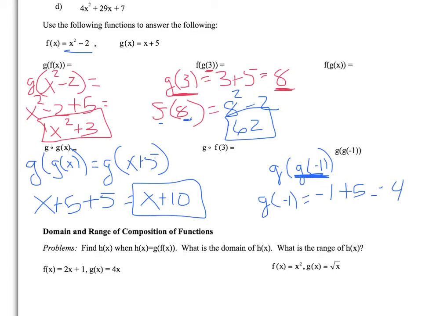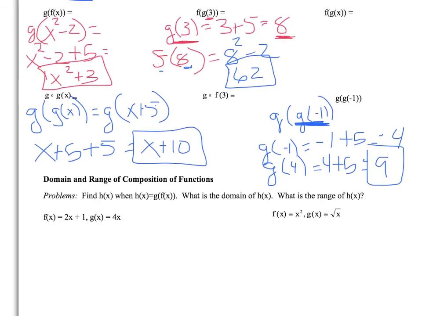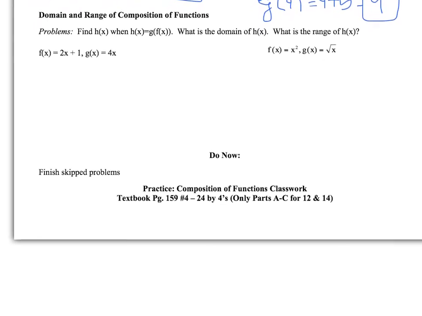So instead of having the g of negative 1 inside parentheses, I'm just going to call it 4 instead. Okay, so I'm going to replace the x in my g function with a 4. So it's going to be 4 plus 5, which equals 9. And the last answer you get is your final answer there. And I will do one of these and have you guys try the other.